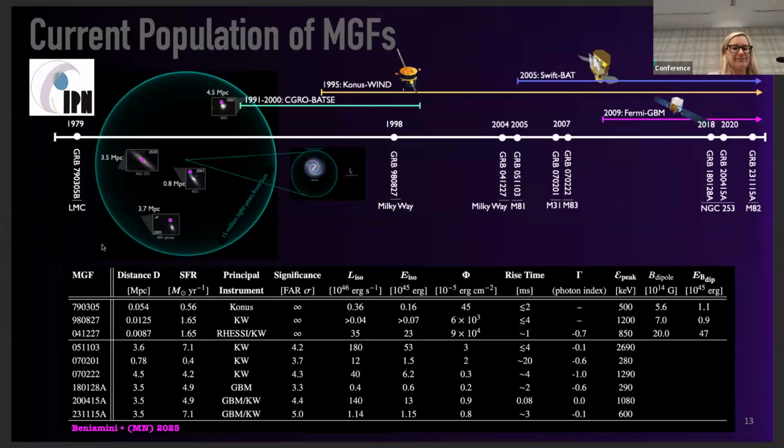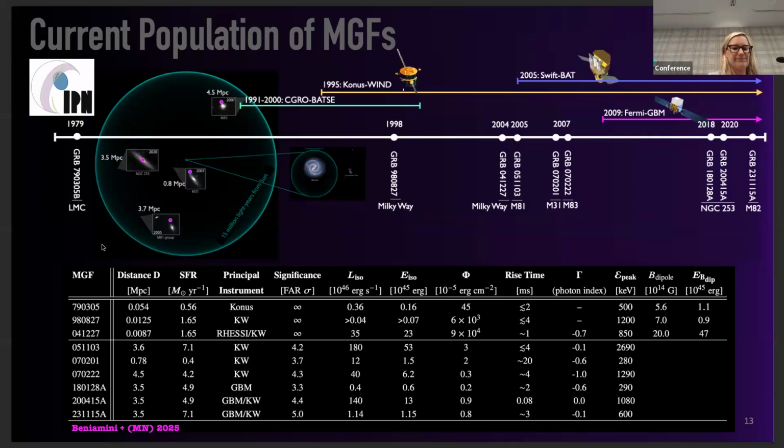Here's the status of the current population that extends the magnetar giant flares from our galaxy or local neighborhood to extragalactic distances. You can count them, and you just need 2 hands for this. There are 9 of them so far, and clearly the great advancement has been the use of different monitors, in particular the IPN, the interplanetary network, that was able to pinpoint the location of these bursts to a few arc minutes.